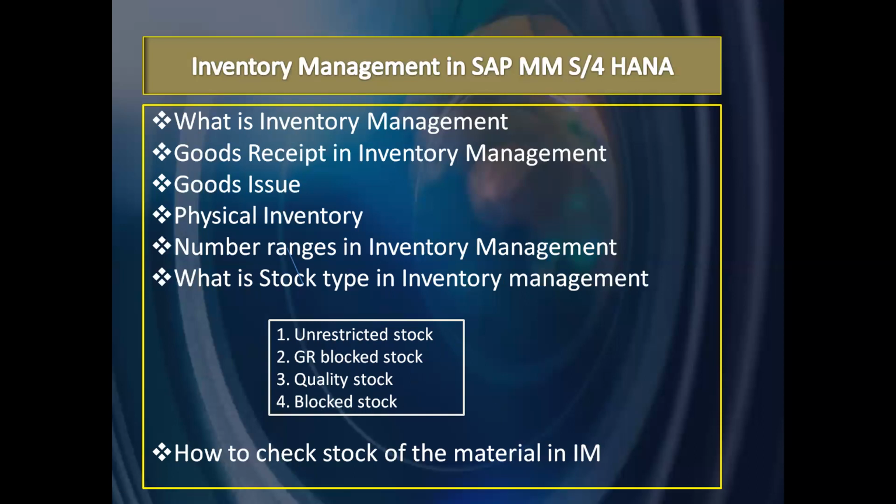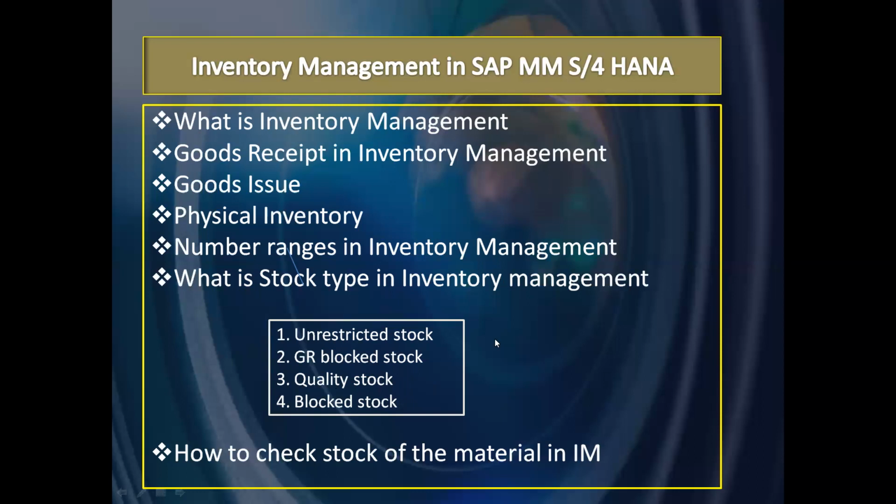When we have received the material and sent it to the quality department, and the quality department found some issue with the quality of the material, because a company never compromises with the quality of the material, at that time, the company will move that stock from quality stock to the block stock. If it is in block stock, it means they will not pay anything to the supplier. It will be lying somewhere in the storage location.